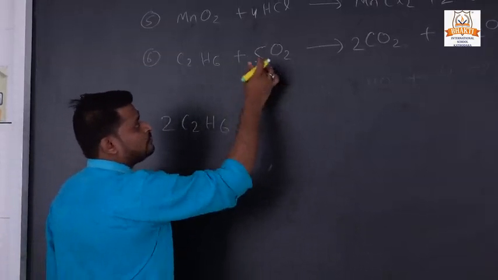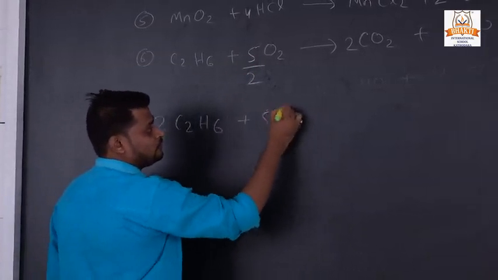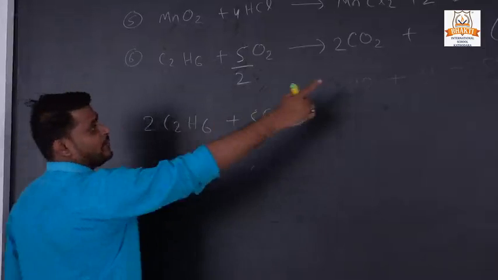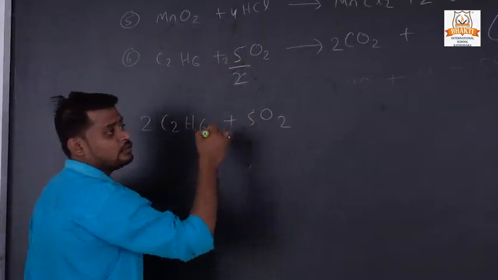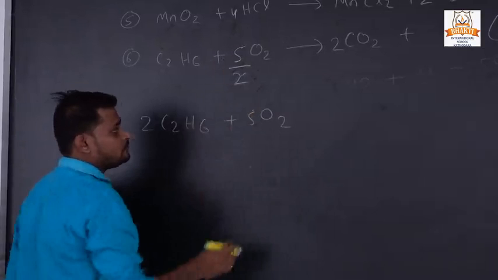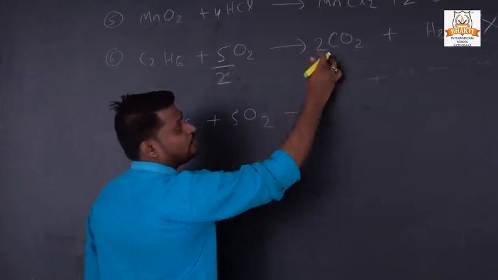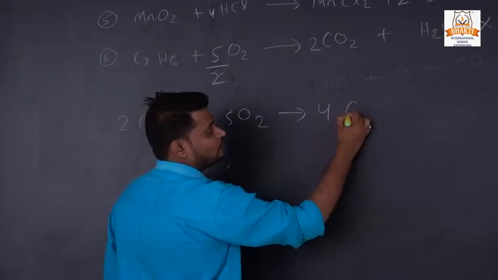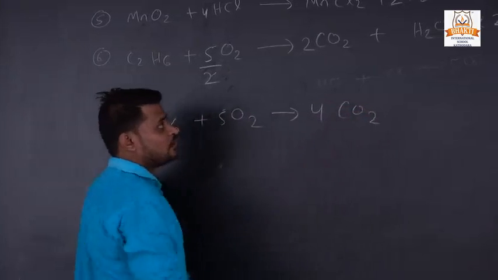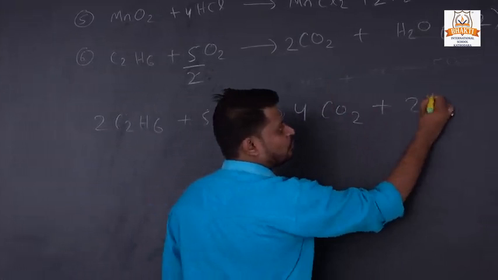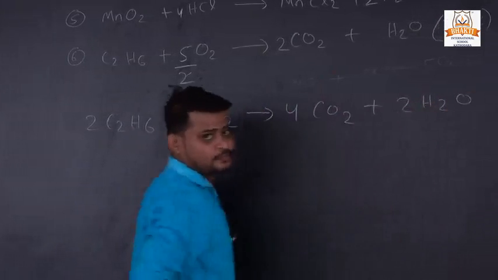Plus 5, 2 and 2 cancel, so we will multiply with 2 here, then 2 and 2 cancel. Then here remain only 5. Here 2 2 is 4 CO2, and here 2 H2O.